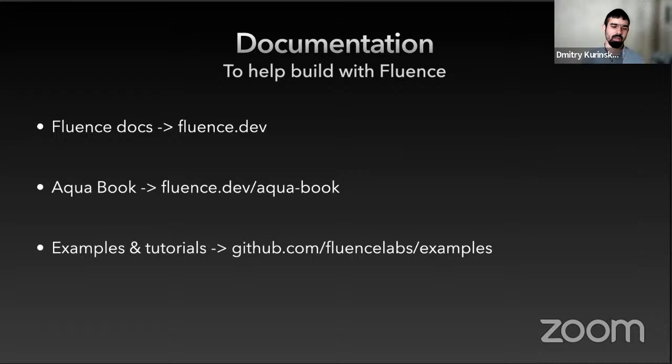So you can learn how to use Aqua, how to use Marine, how to make services, how to connect services, how to connect peers, and all of that. And we support these examples repo so they are up to date. And it's the best way to learn how to build things with Fluence.